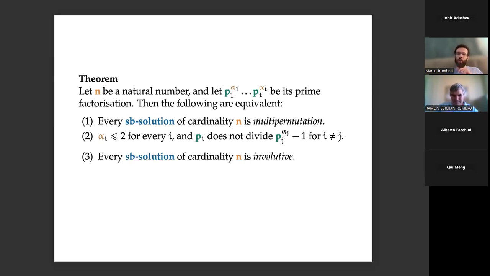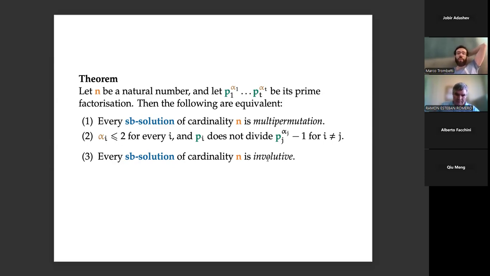They also are involutive. So if you ask that all your skew-based solutions of a given cardinality are involutive, which is not a really strict restriction actually, because you saw there are many involutive solutions, you also get that your skew-based solutions are multi-permutation, and the converse. So they must be multi-permutation and involutive. So those of order 45 are involutive and multi-permutation, which is okay.